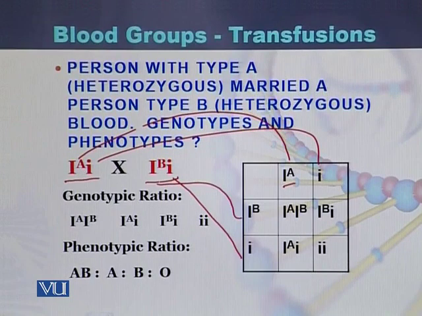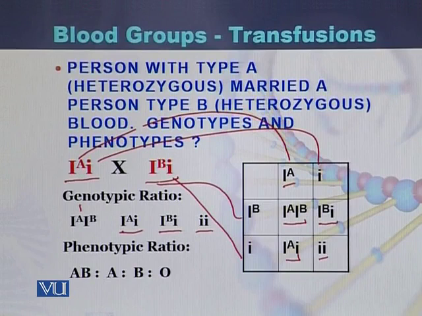So if we cross them or prepare a Punnett square, as a result there will be IA IB, IB i, IA i and ii, which is blood group O. So the genotype ratio will be 1:1:1:1. One will be blood group AB, which is heterozygous, blood group with allele A and allele O, blood group with allele B and allele O, and blood group with allele O and O. So there will be a 1:1 ratio between all four genotypes.